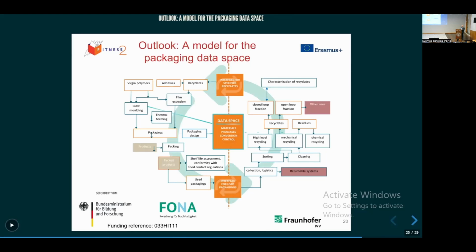We are right now in a very big German national project with more than 60 partners trying to image the whole recycling chain, or the recycling circle, over the production of packaging, the packing process itself, the collection afterwards, the different steps in the recycling, up to the reuse of the recyclates in the production of new packaging.